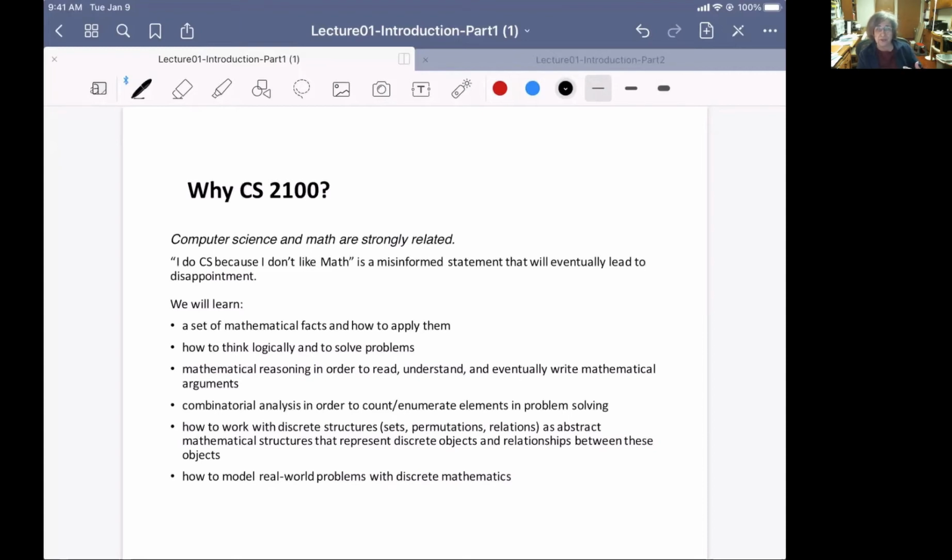And that leads to probability, which is the basic fundamental of data science, which is so incredibly useful today. You're going to learn how to work with discrete sets, permutations and relations, and abstract mathematical structures to represent discrete objects and the relationships among them. These are some of the foundations of so many parts of computer science.